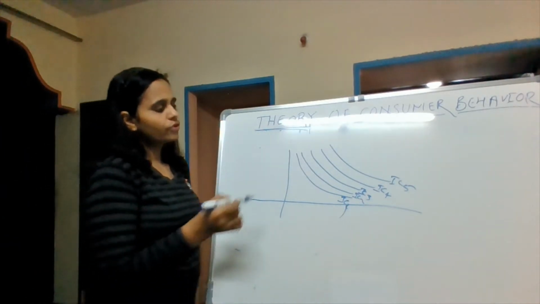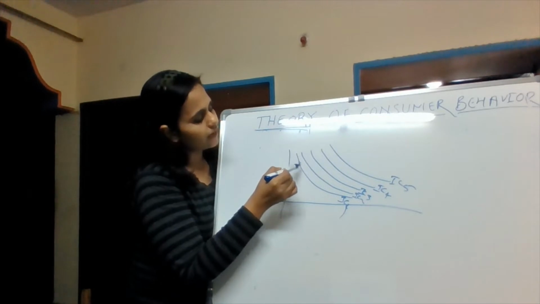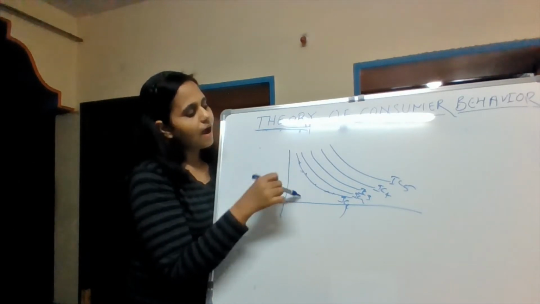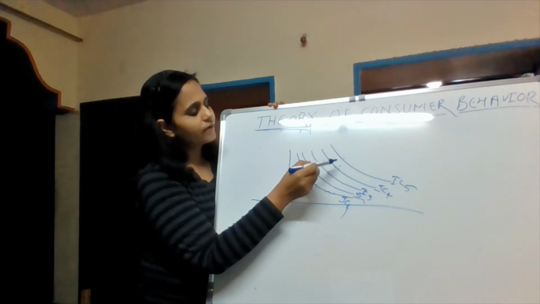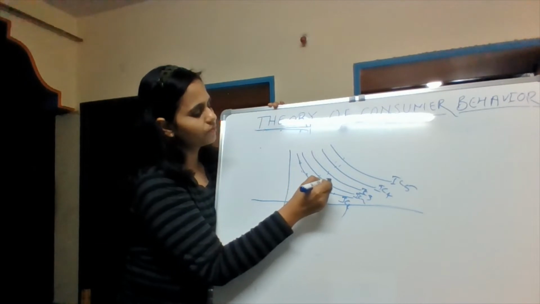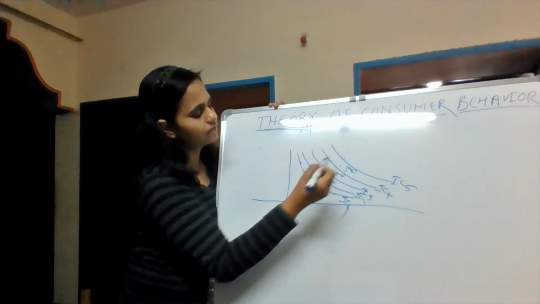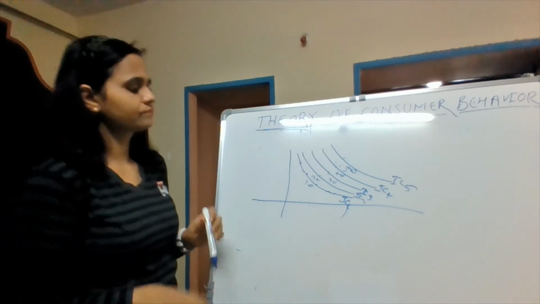Utility across one indifference curve is the same, but if you go to a higher curve, it gives you higher utility. So consider utility is 10 here, it could be 20, 30, 40, 50 like that. So a higher indifference curve gives you higher utility.